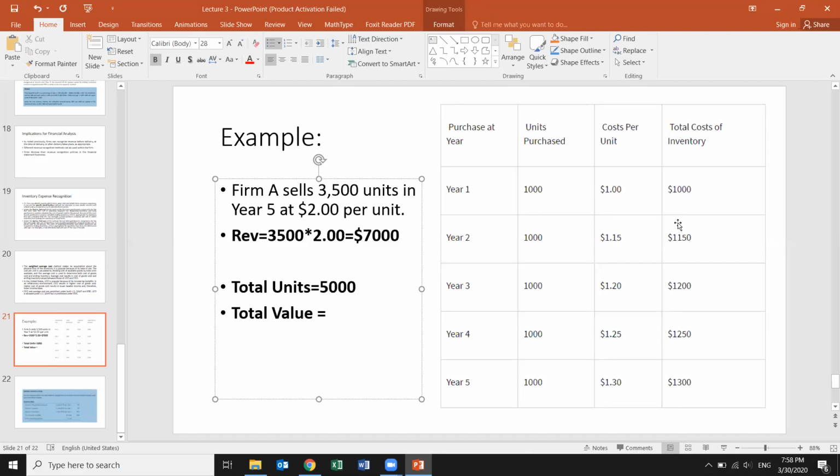So the total value is $5,900. This is the value of your inventory. To calculate the average unit cost, we need 5,900 divided by 5,000.